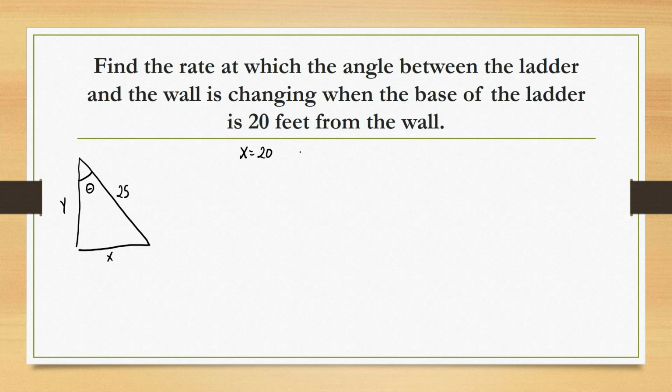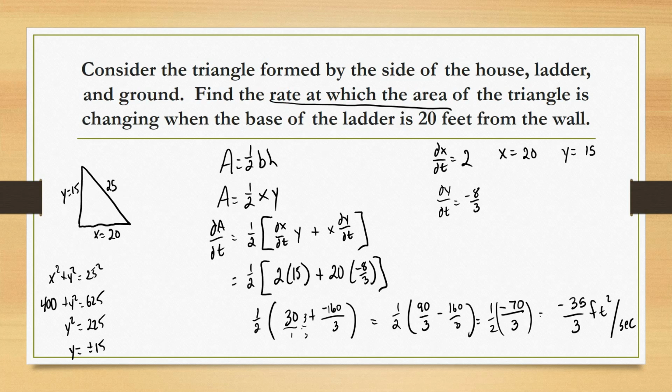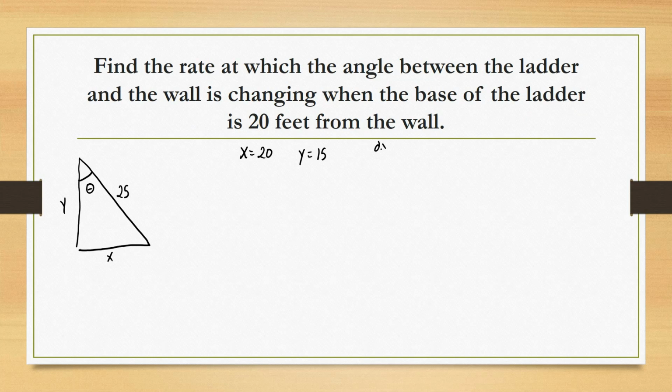We know that y equals 15, right? Because we already calculated it here. This is still 20 feet, so y is still 15. We know dx/dt is 2. We know that dy/dt is negative 8/3, right? We calculated all this up to this point. So any of that we need, we have.